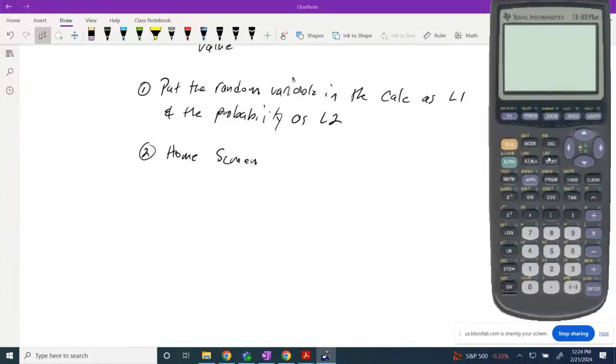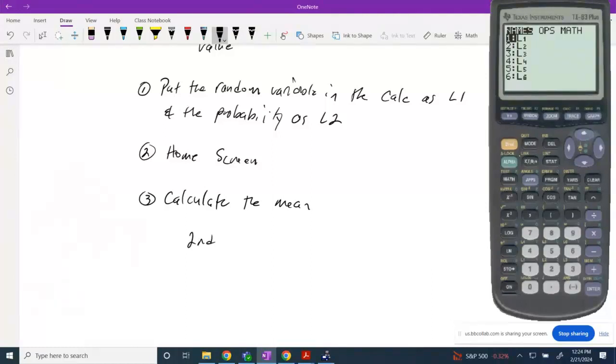And in order to find the mean, I'm going to go into the list. So I hit second and stat, which is the list function. You want to scroll over to math, then scroll down to mean.